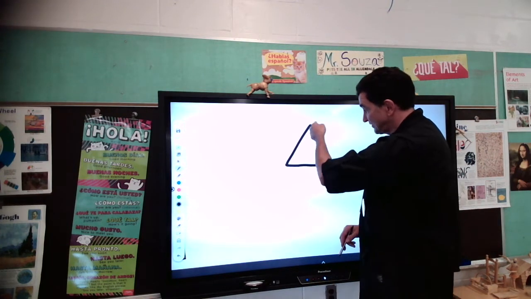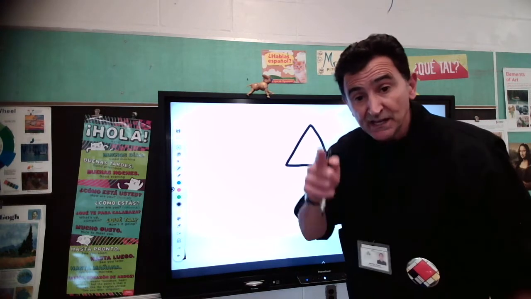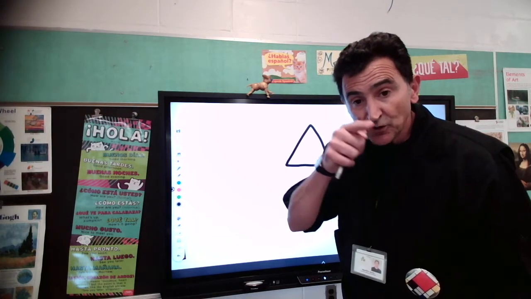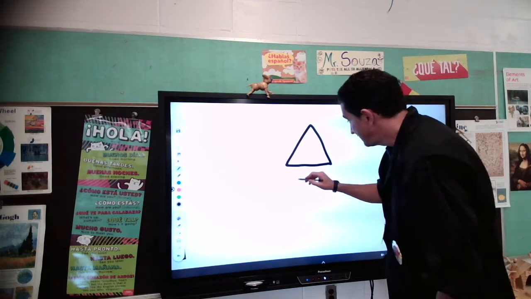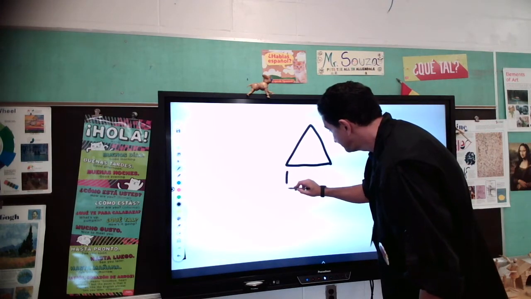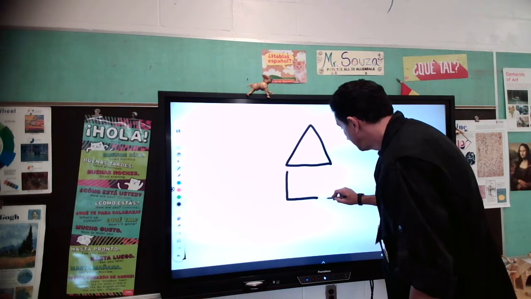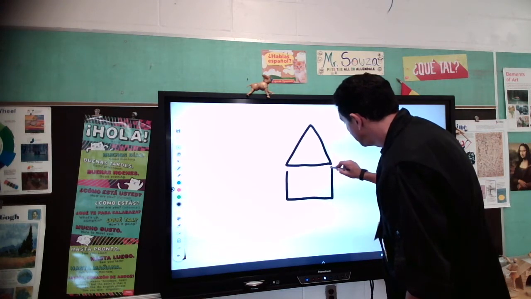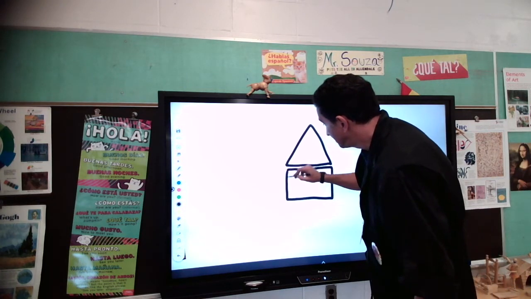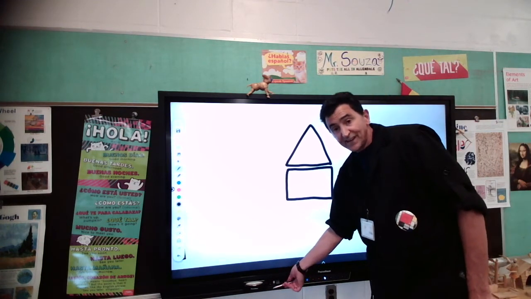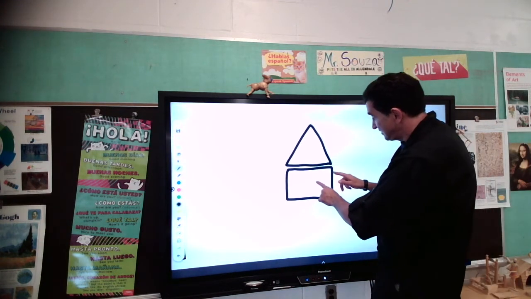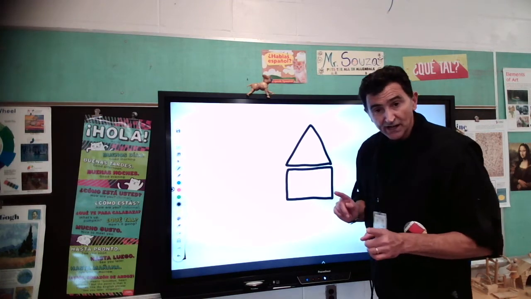So that's a shape, a triangle. A shape is a line that goes back to where it started. What about if I do this? I make another shape, like a square or a rectangle. If you look carefully, I have here a square and a triangle.